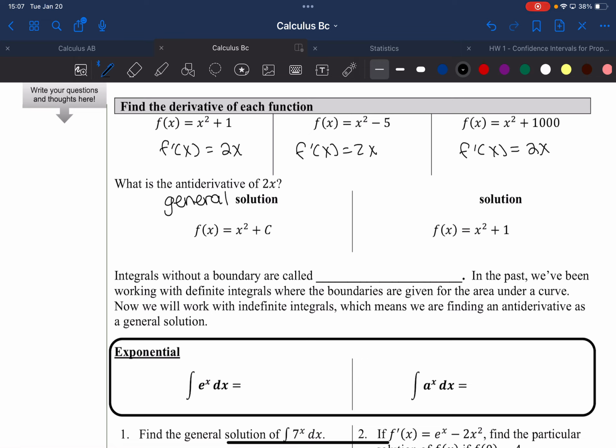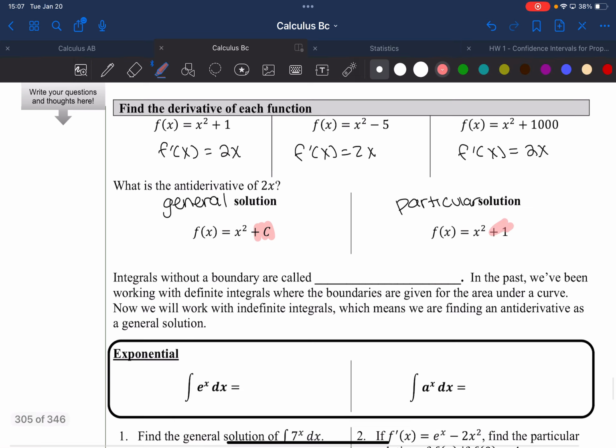So the general solution means we find whatever the antiderivative is and we add c. Okay. If we're given more information, we are able to find the particular solution. And in that particular solution, they were able to find an exact c value at c equals 1. Okay.